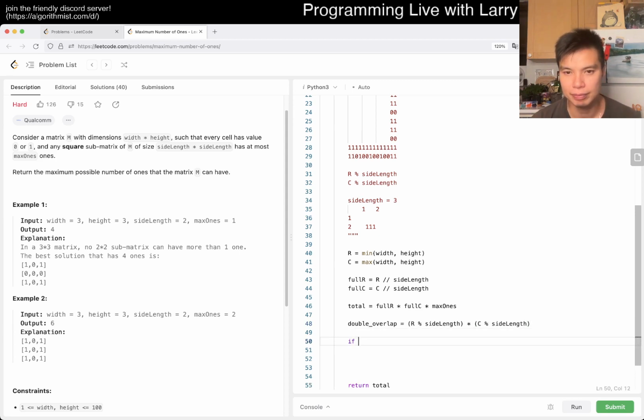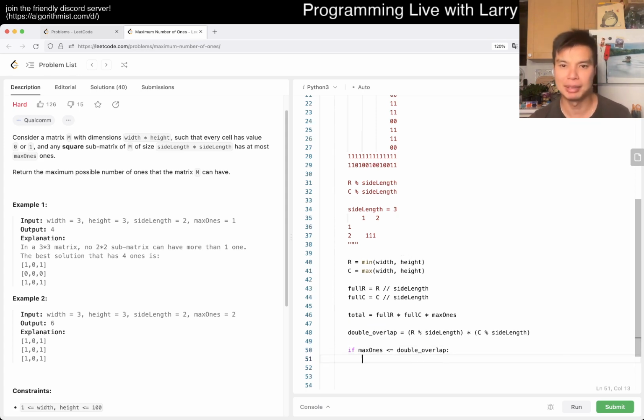If max ones is less than or equal to double overlap, then we're basically done, because that means we put all the ones down in the places that double overlap, so then it also expands out as well, which means it's good.